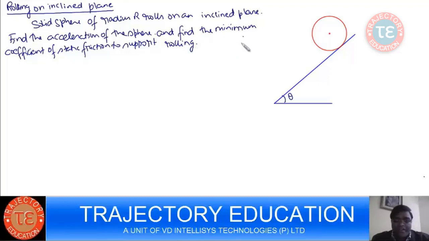Okay, so here we are given the sphere is rolling on an inclined plane. We have to find out the acceleration and the minimum coefficient of static friction required to support rolling.